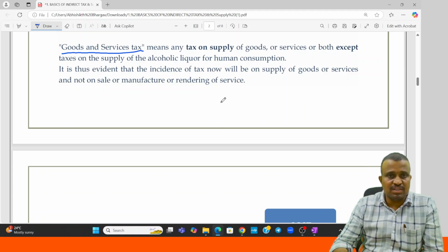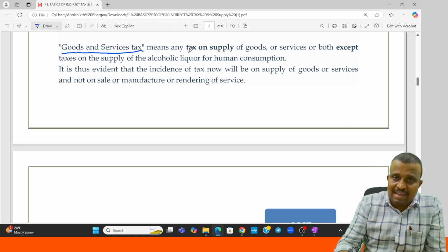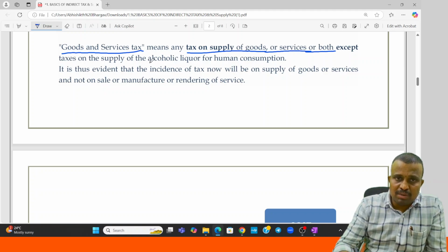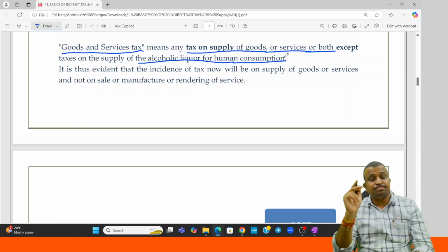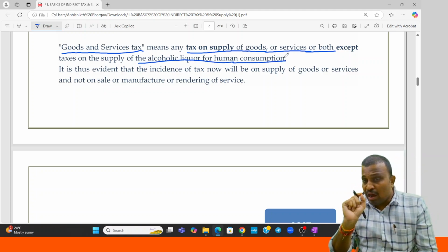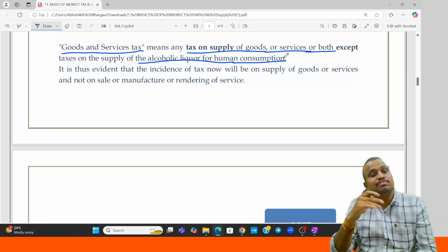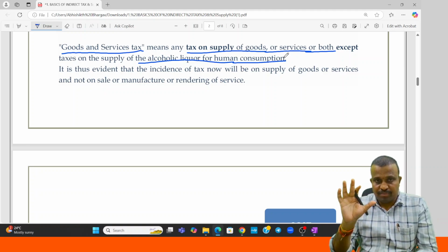It is a tax on the supply of goods or services or both, except the tax on supply of alcoholic liquor meant for human consumption. Remember, alcoholic liquor meant for human consumption is completely outside the purview of GST.